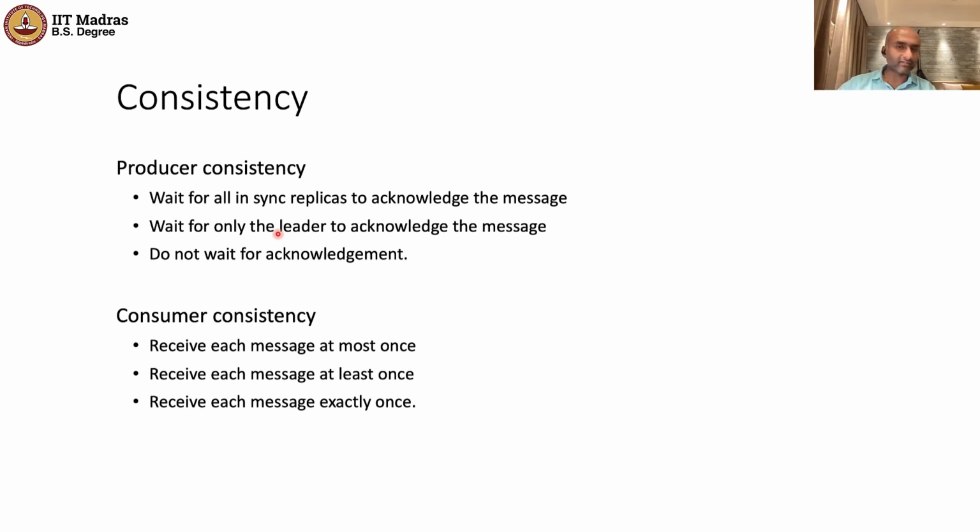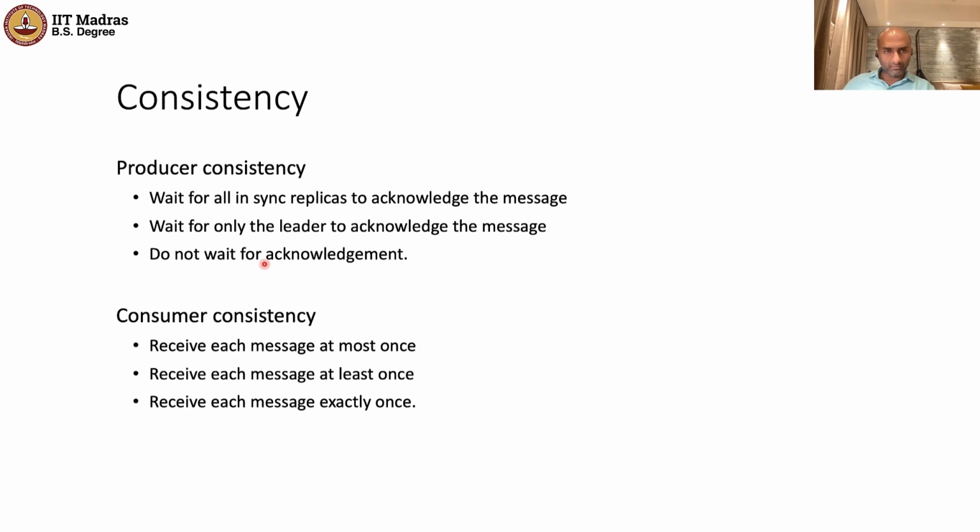But the producer thinks that the data is persisted. So that's the pitfall of this configuration option. But obviously it has a lower latency, a faster response time, than the first configuration option.